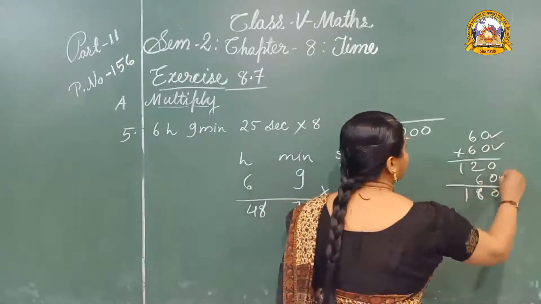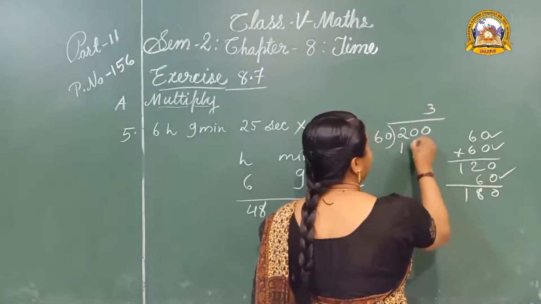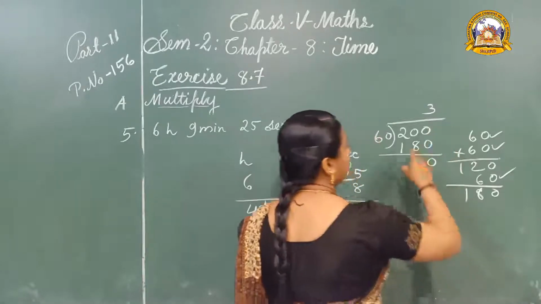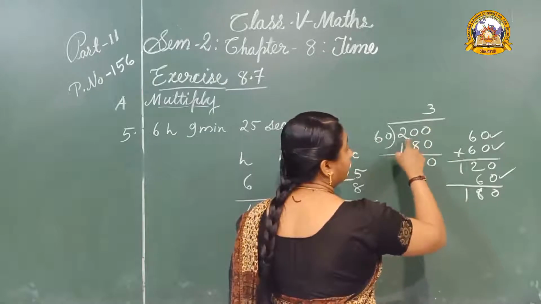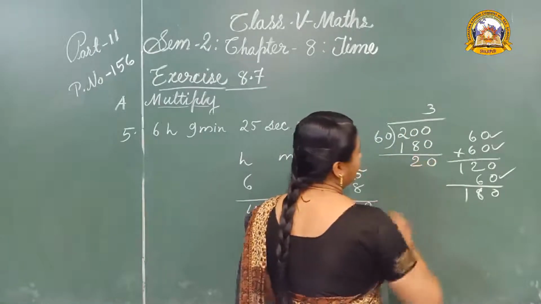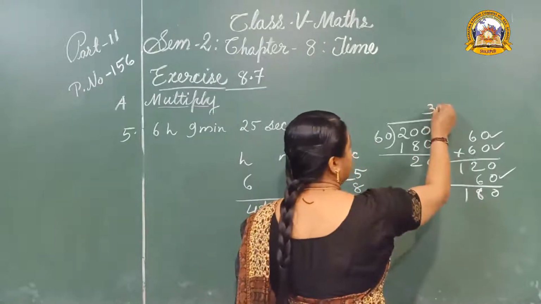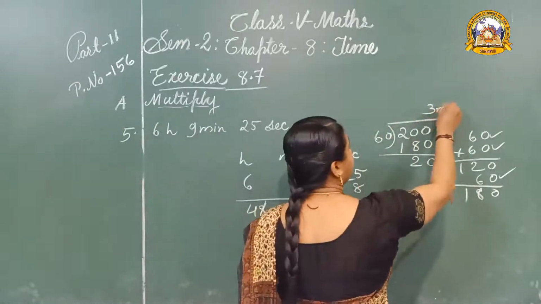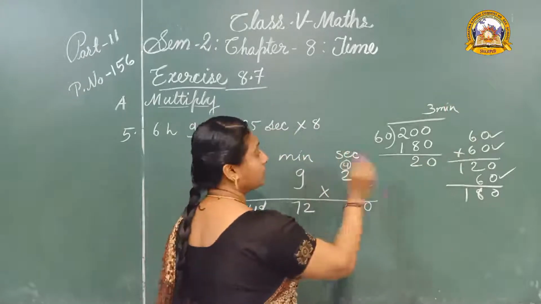1, 2, 3 times. 3 into 60, 180. 0 minus 0, 0. Then 0 minus 8 we can't do, so borrow. 10 minus 8, 2. What is remained there? 20. Okay, this 3 will go to minutes. 3 minutes and 20 remained as only seconds.